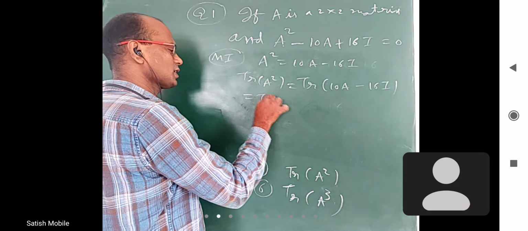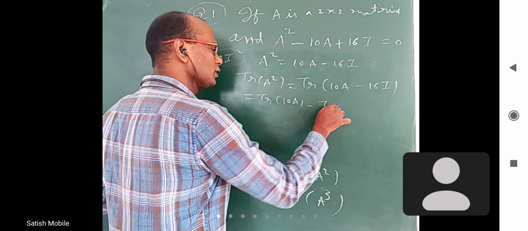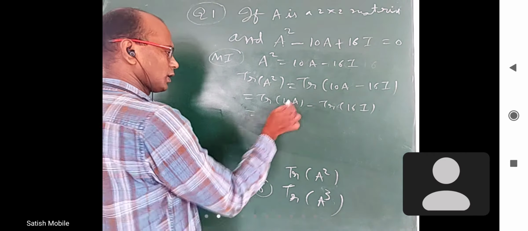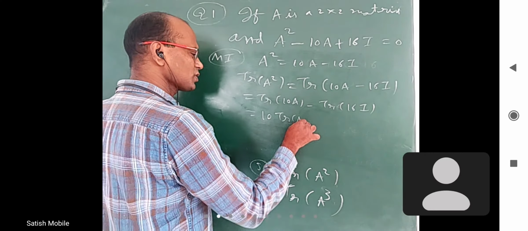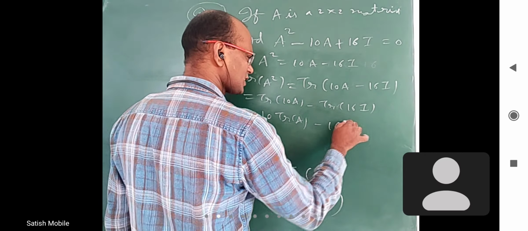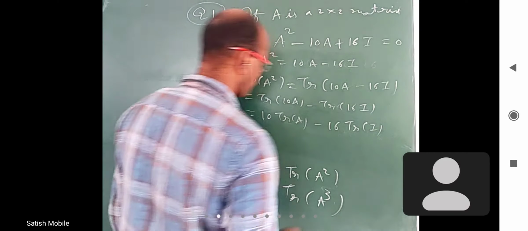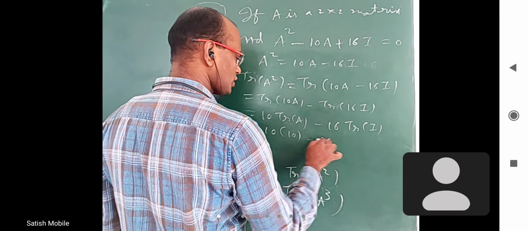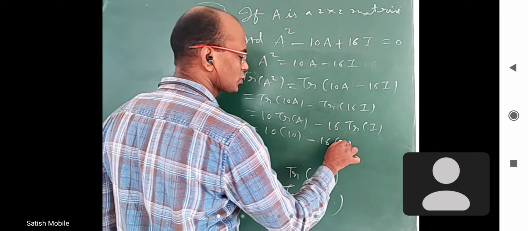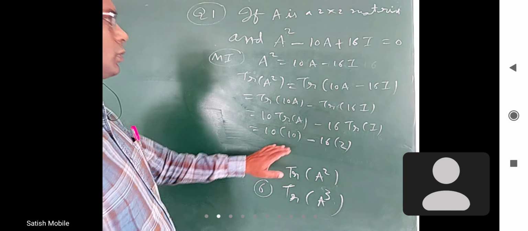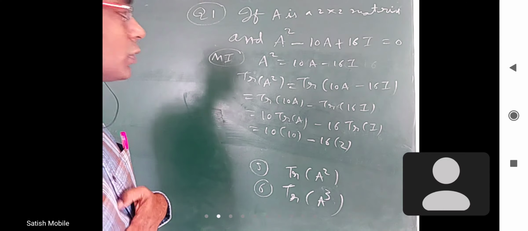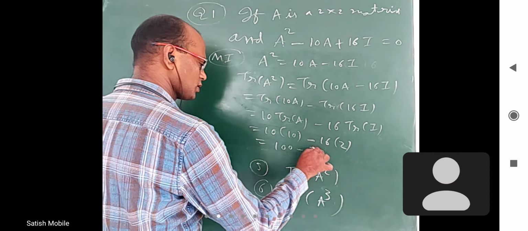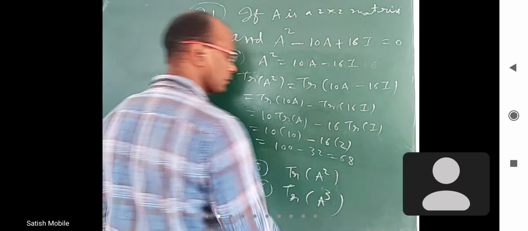It can be written as trace of 10A minus trace of 16I. If you take it out, 10 times the trace of A minus 16 times trace of I. 10 times trace of A is another 10, minus 16 into the trace of the identity matrix, which is 2 for a 2 by 2. Yes, 100 minus 32 is 68.